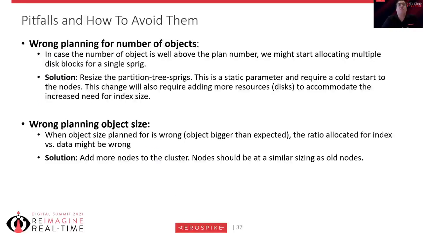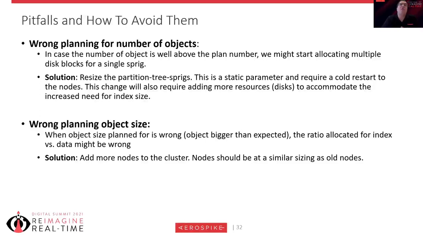Pitfalls to avoid would be, for example, the wrong planning for number of objects. As we said before, in case we undershoot the number of objects when we plan, then we might need to resize the partition tree sprigs. That would mean cold restarts of the nodes and rebuilding the primary index.